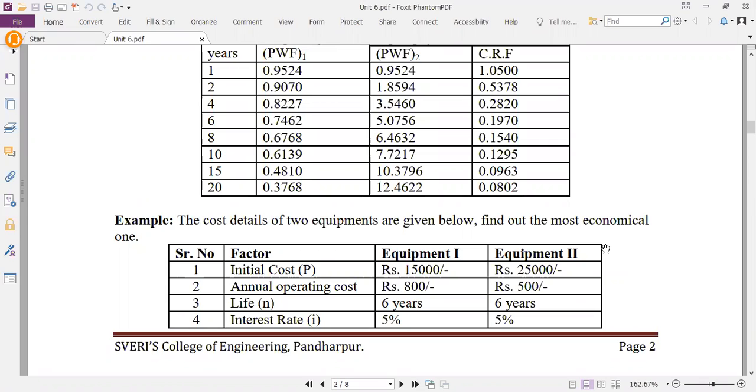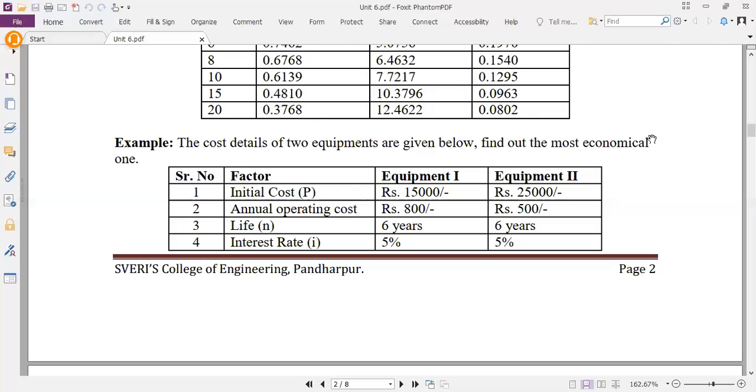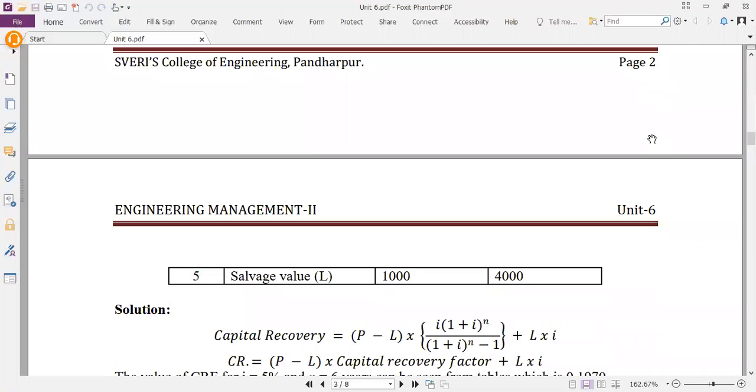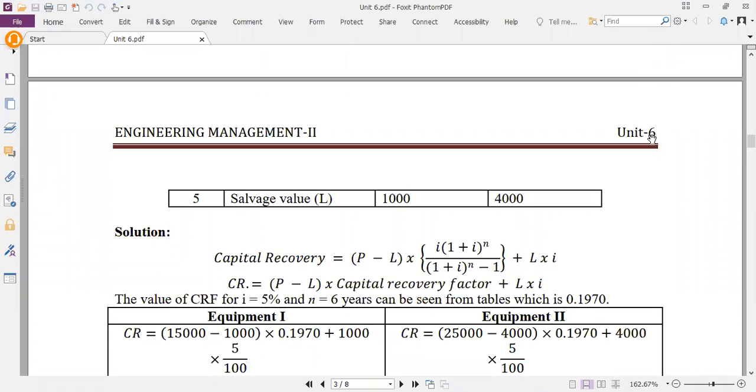Initial cost, that is the P value, is 15,000 for the first and 25,000 for the second. Annual operating cost is 800 for equipment 1 and 500 for equipment 2. Both equipments have 6 years life and an interest rate of 5%. The salvage value L is 1000 and 4000.